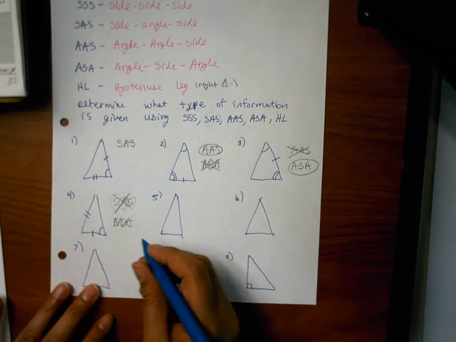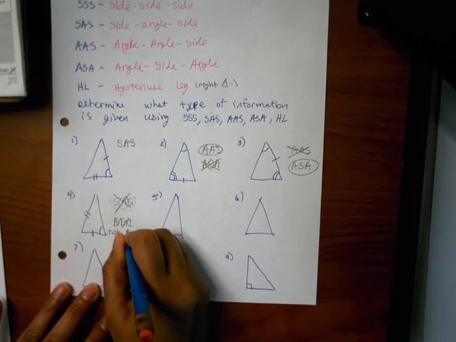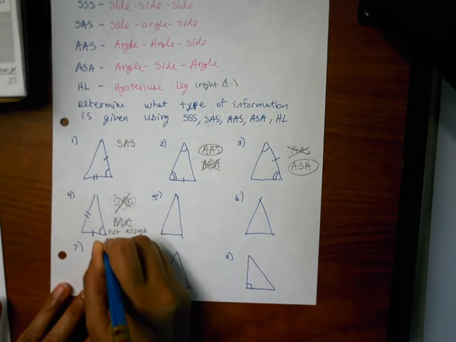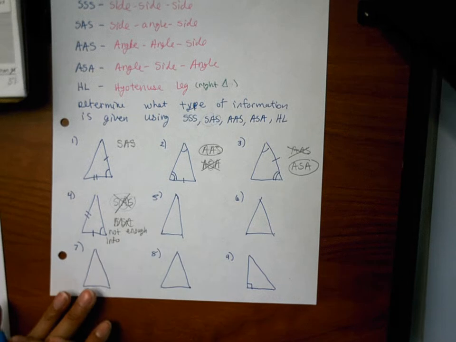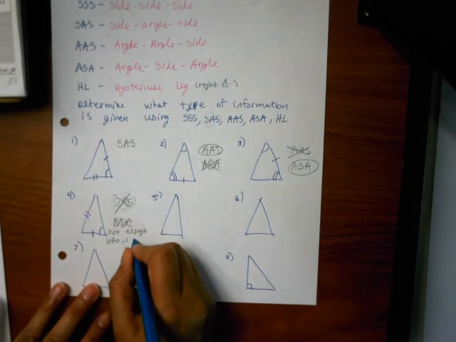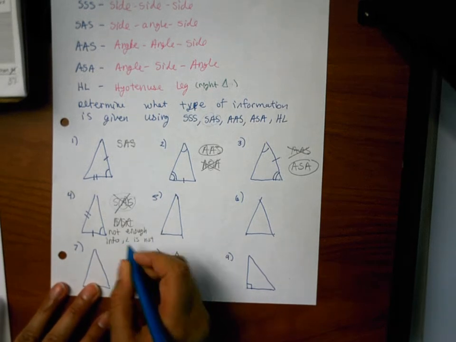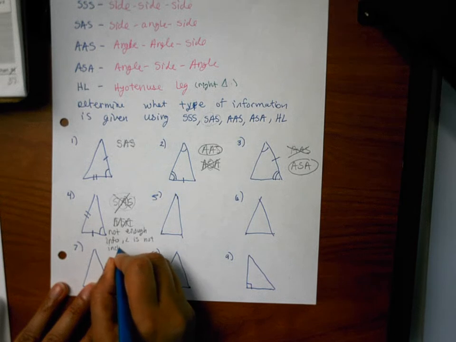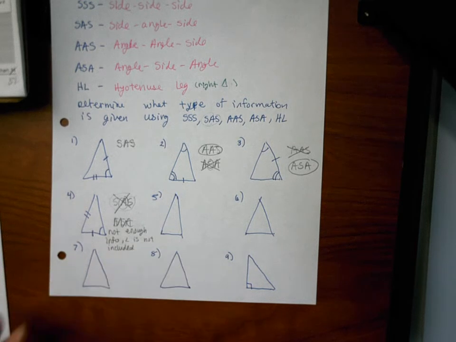So not enough info is what we're going to write for now. We're going to explain why: the angle is not, you can put sandwiched or included. I'm going to use the mathematical word, it's not included. Included meaning between the two side markings.